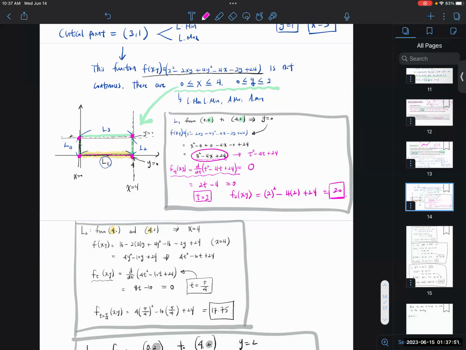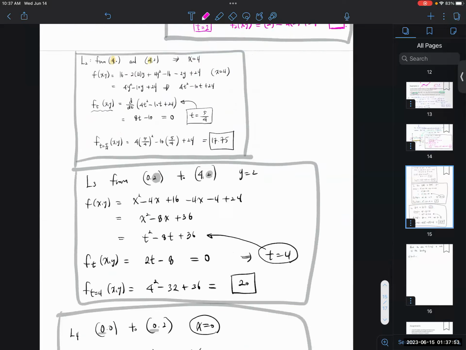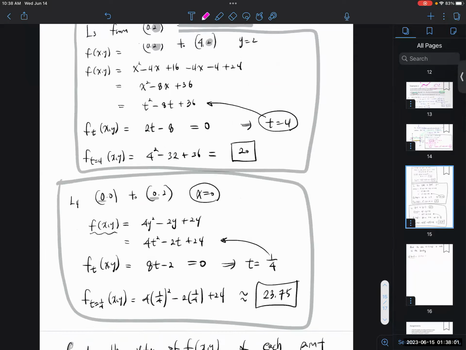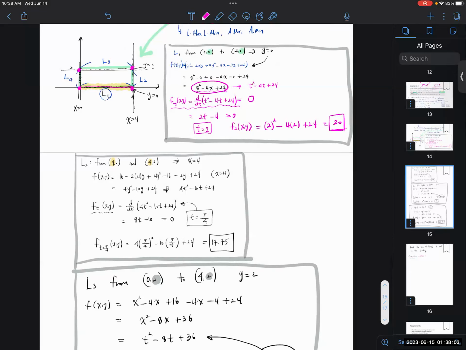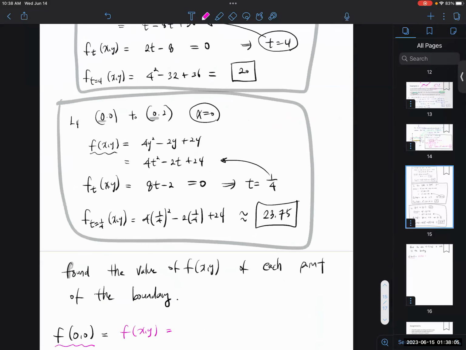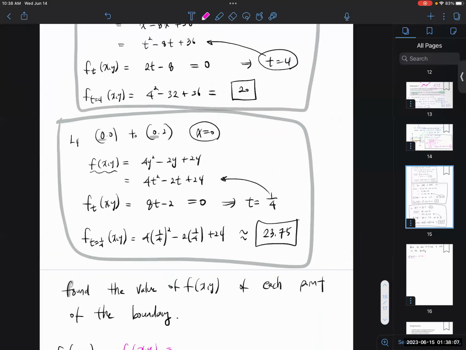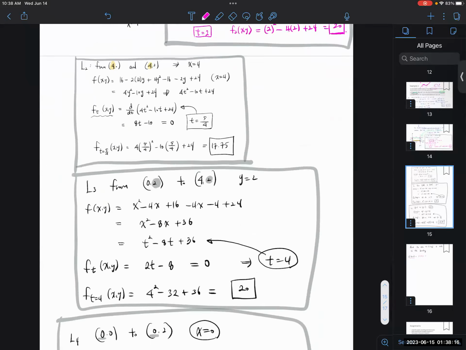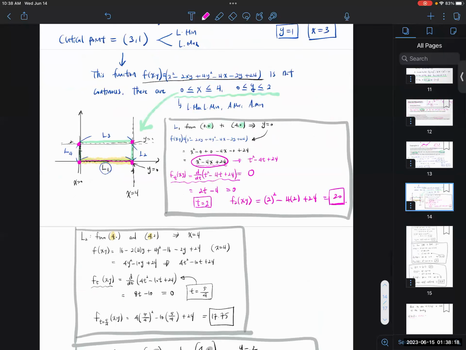So here, f(0, 0), the first corner, we found out what we got. (0, 0). So let me double check. We're going to plug into the equation. So let me just bring this equation.